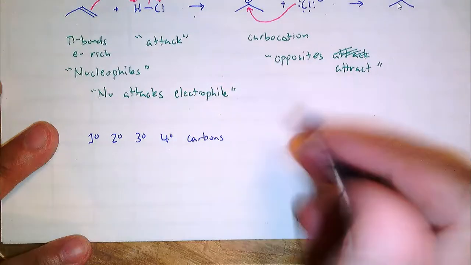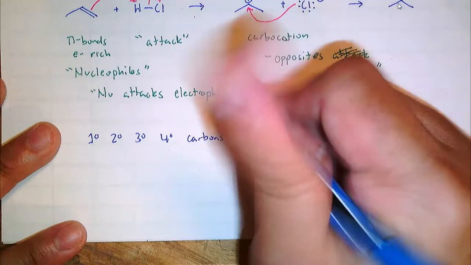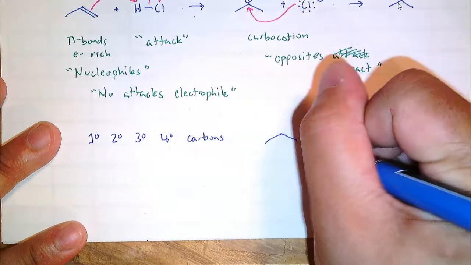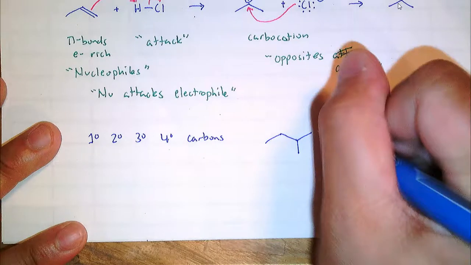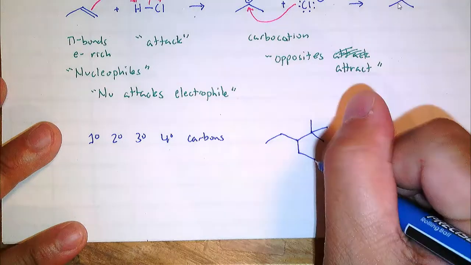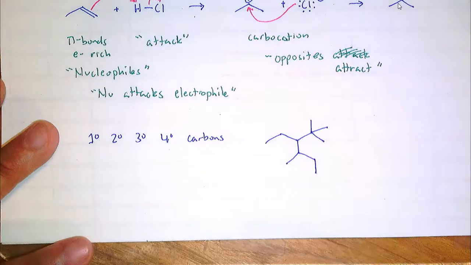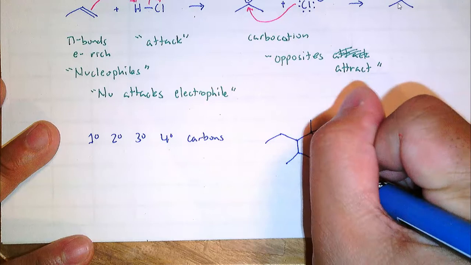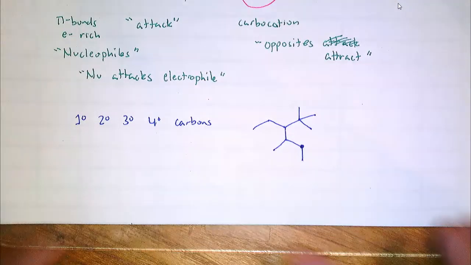Alright, so a primary carbon looks like this. Well, let me draw you a whole bunch of different carbons actually. This is easy. Let's look at this carbon right here, the one with the dot.